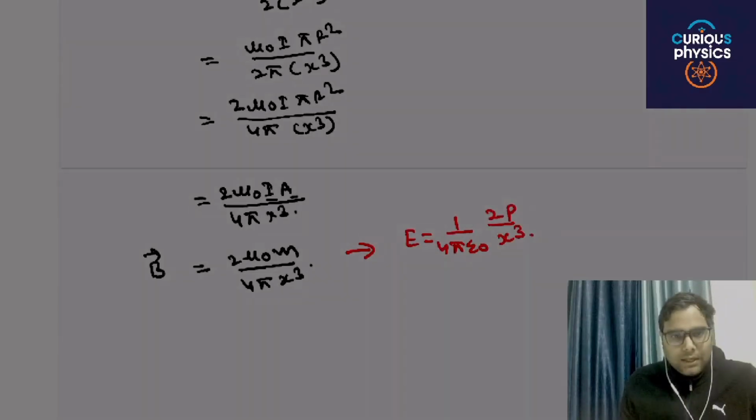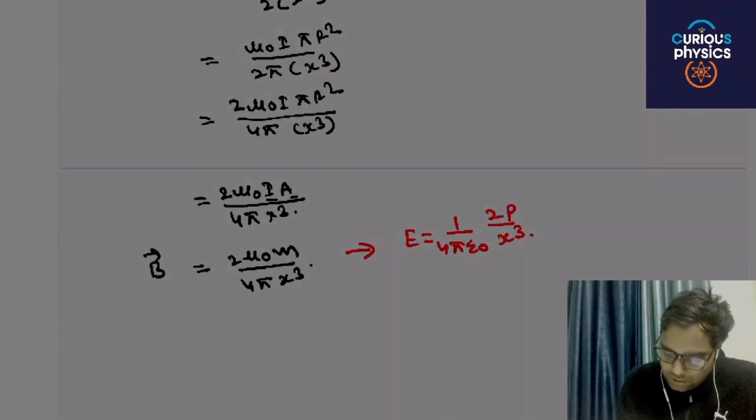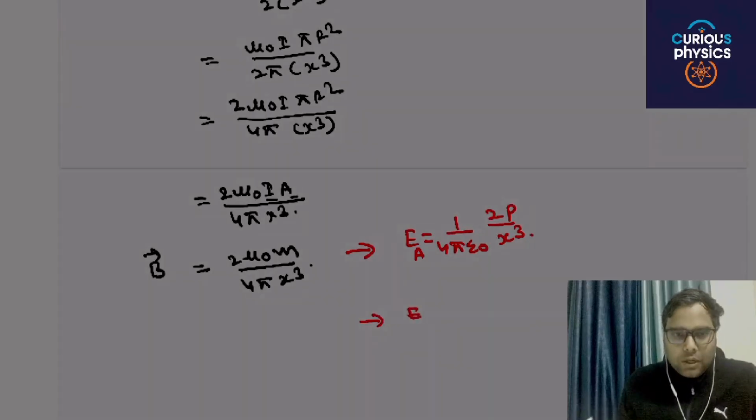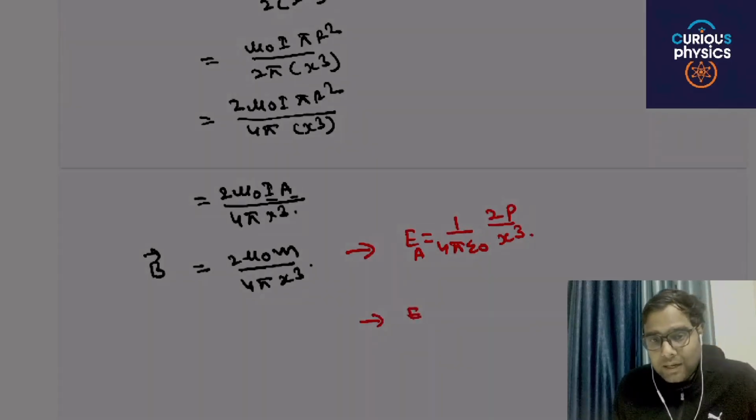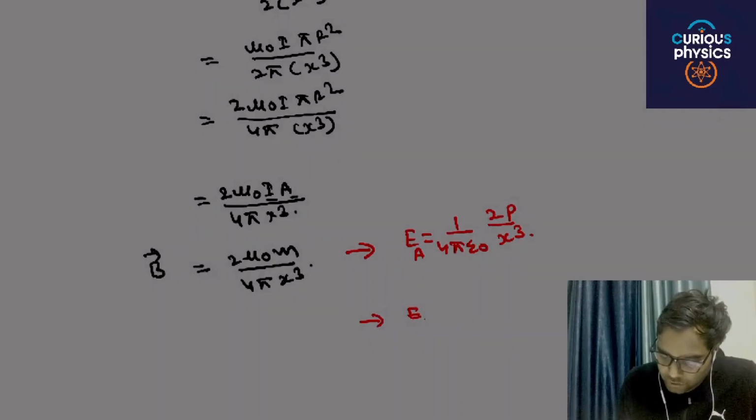This is the basic analogy. This is on the axis. On the perpendicular bisector, or equatorial plane, the value was minus 1 by 4 pi epsilon naught p by x cube.